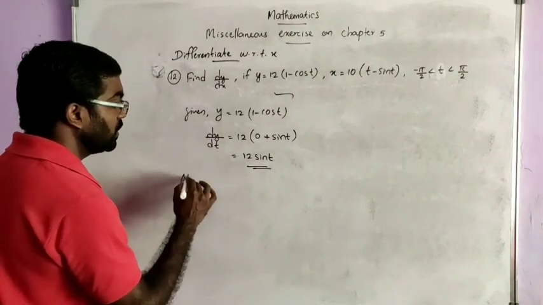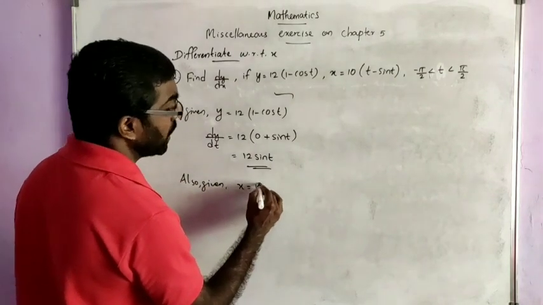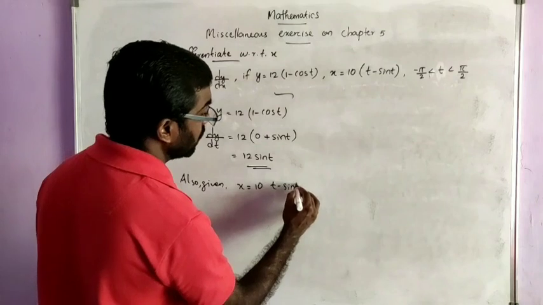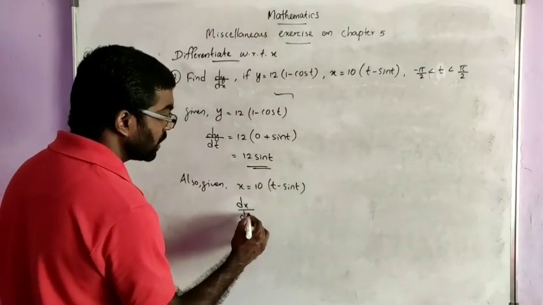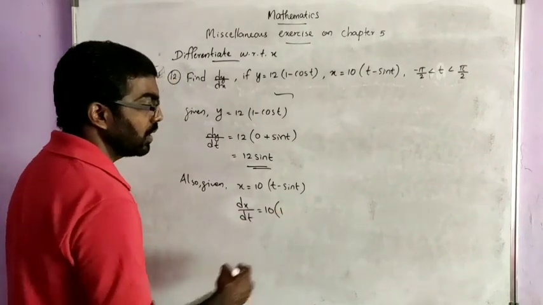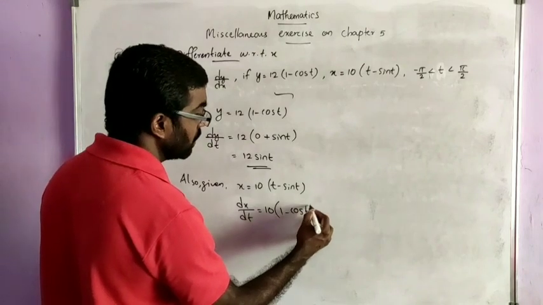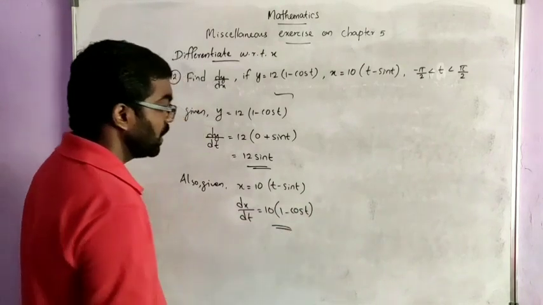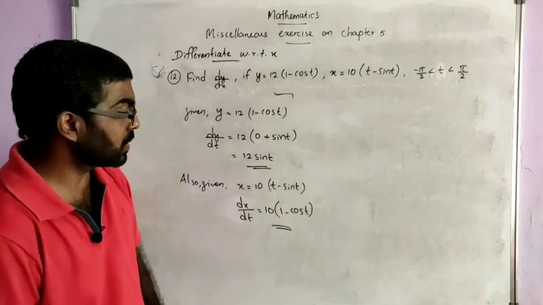And also given x is equal to 10 into (t minus sin t), and we can find dx by dt as dx by dt is equal to 10 into derivative of t, it's 1, then minus derivative of sin t and it is cos t. Okay, that is dx by dt is equal to 10 into (1 minus cos t).